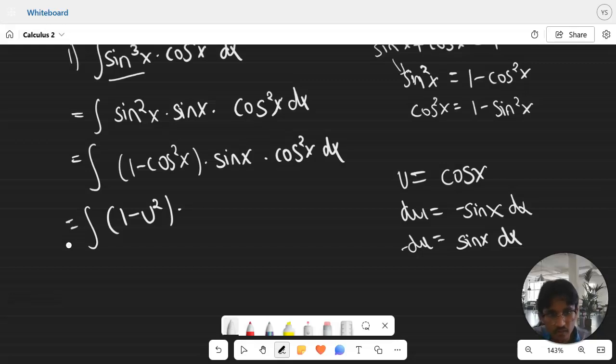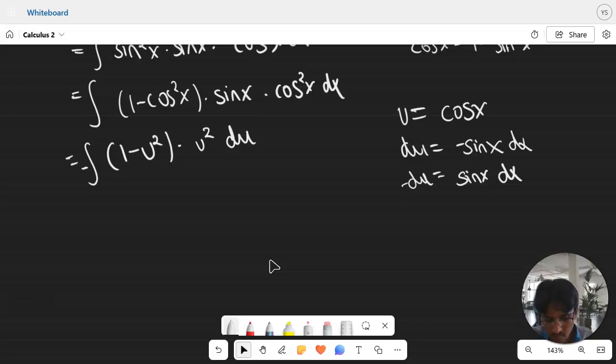We're going to bring that negative sign outside and sub in du for sine of x dx. For cosine square of x, we're just going to let it be u squared, and the du remains because we subbed that in for the sine of x. With that sine of x comes that negative sign, which is why I put the negative sign outside, since we're multiplying.